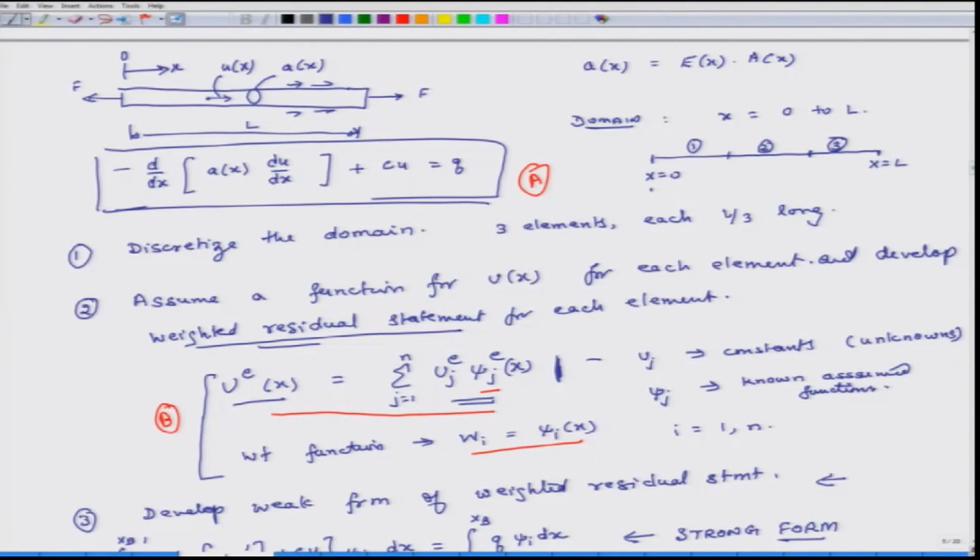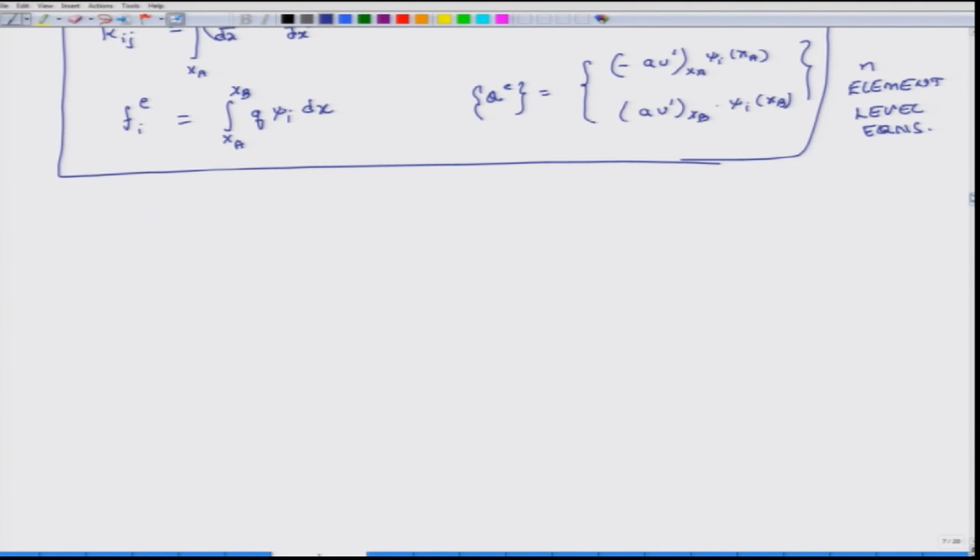Here x is equal to 0, here x is equal to L, and for instance in this case x a will be L by 3 and x b, for the second element, x a will be L by 3 and x b will be 2 L by 3. But what we will do is go to a local coordinate system because it makes our computations faster. So, before we actually calculate, we will develop local coordinate systems.